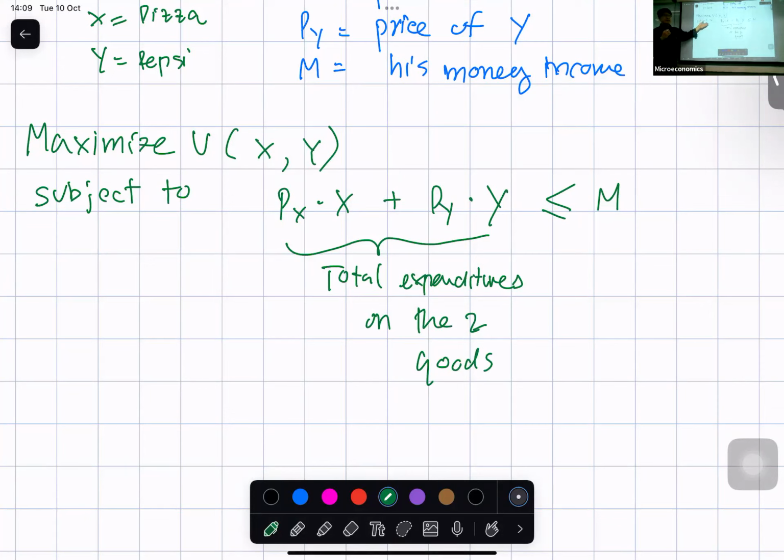The equation just says, hey, you cannot spend more than your income, less than or equal to. At best, you can just spend it up equal to M. M is income.